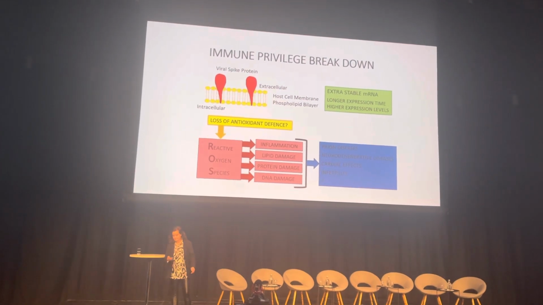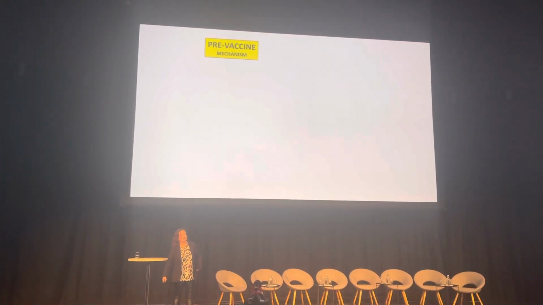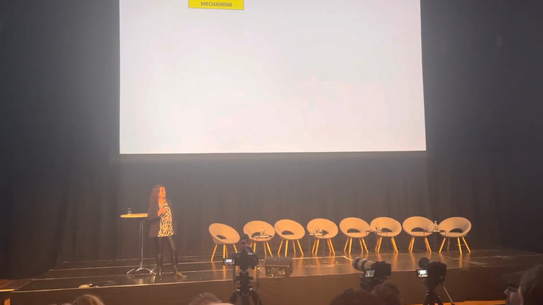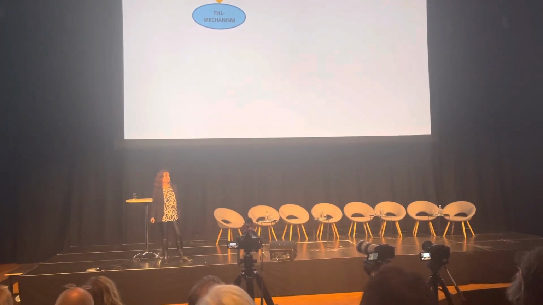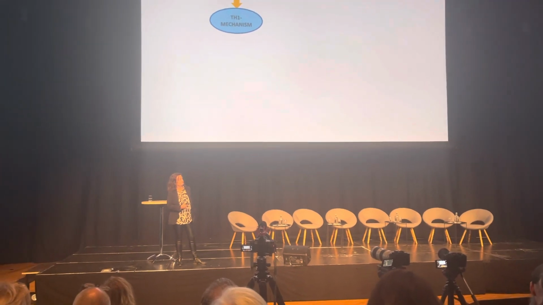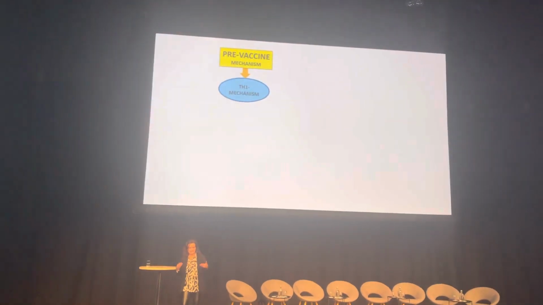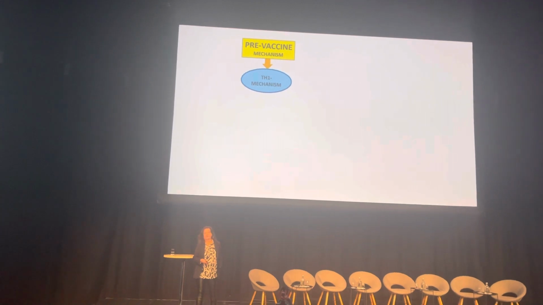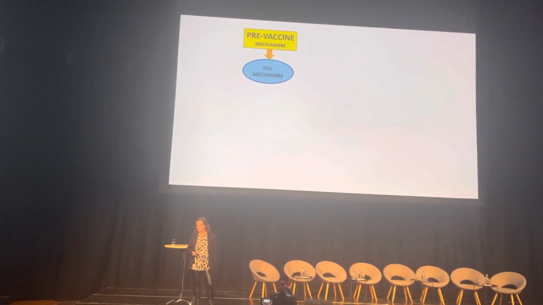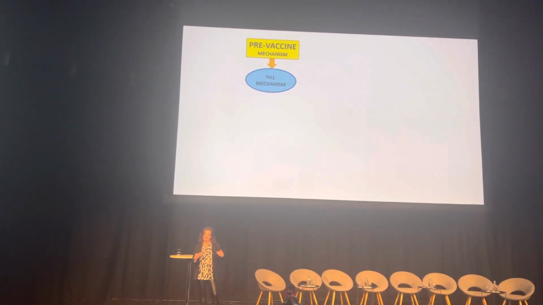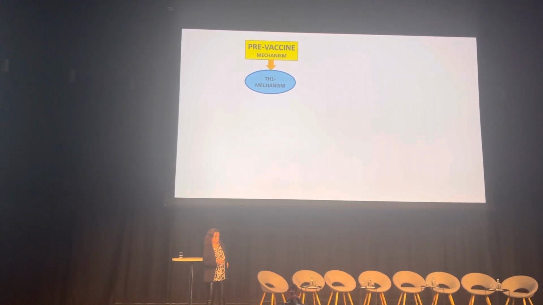I can only guess. So anyway, I will summarize this complicated information. I know it's complicated. The pre-MV mechanism starts the Th1 mechanism, which actually kills and damages your tissues. That causes a lot of tissue damage, which could be a problem depending on where this tissue damage occurs.